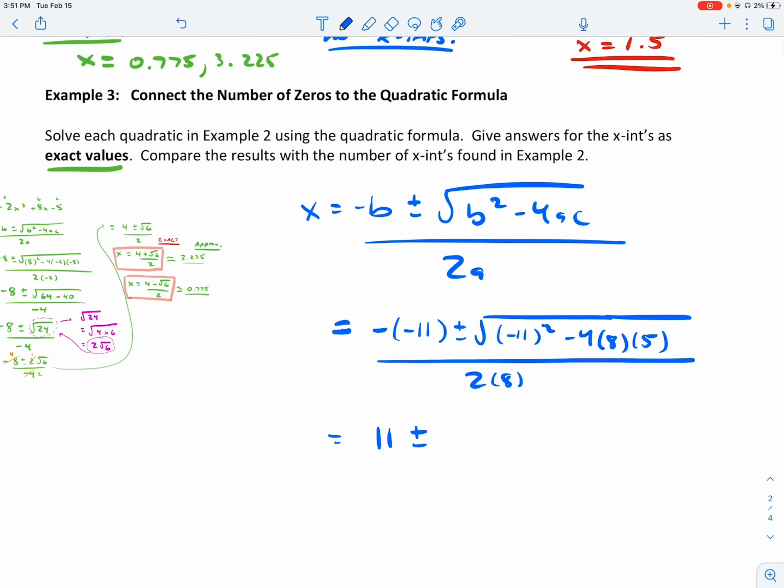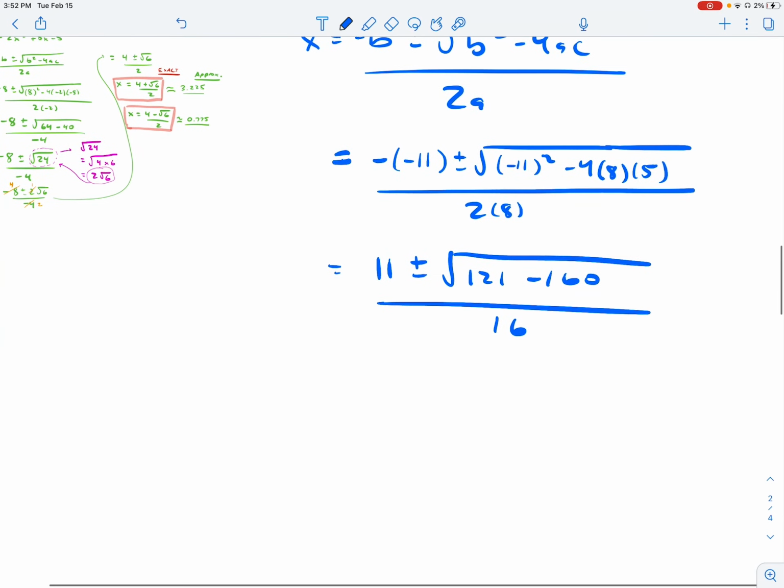So we have 11 plus or minus the square root. Negative 11 squared is 121. Then negative 4 times 5 is negative 20, times 8 is negative 160, so 121 minus 160. Down here, 2 times 8 is 16. You might have seen we run into a problem here. 121 minus 160 is negative, and that is no good.